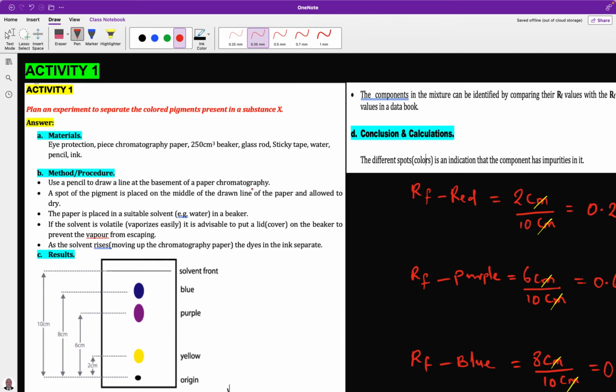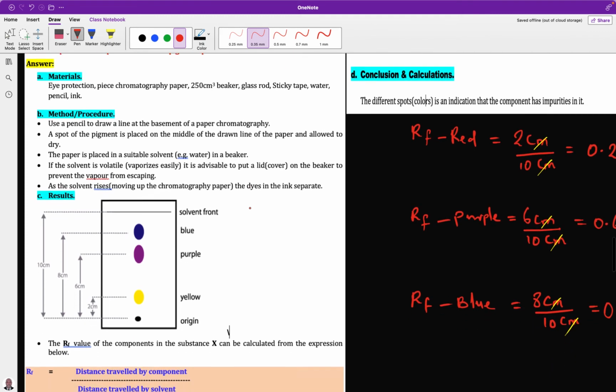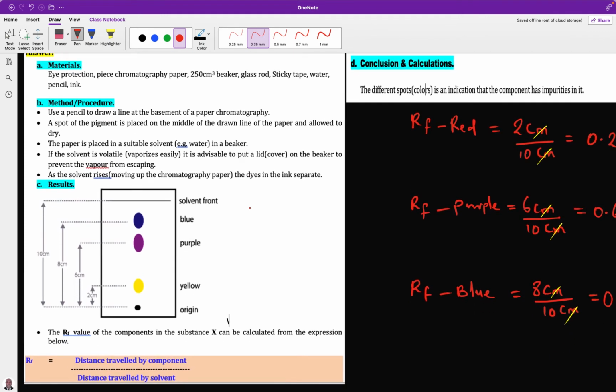Remember, if the solvent is volatile or vaporizes easily, it is advisable to put a lid or a cover on the beaker to prevent the vapor from escaping. Again, as the solvent travels up the chromatography paper, the dyes in the ink or in the mixture will separate.